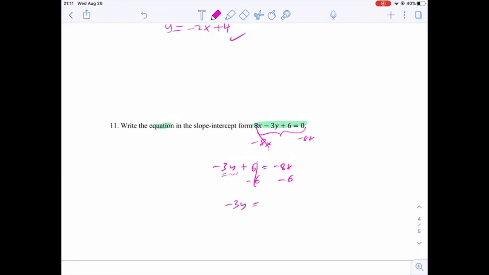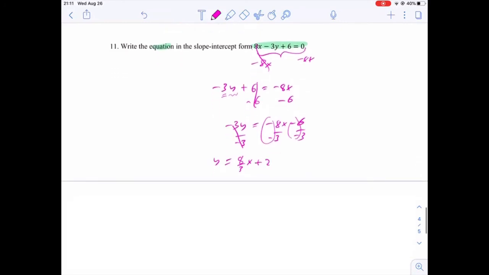So this is -3y equals -8x minus 6, and the last step is to divide by the coefficient of y. We divide each term by that coefficient. Here this is positive 8/3 x, minus over minus is plus, 6/3 is 2. That's the required equation.